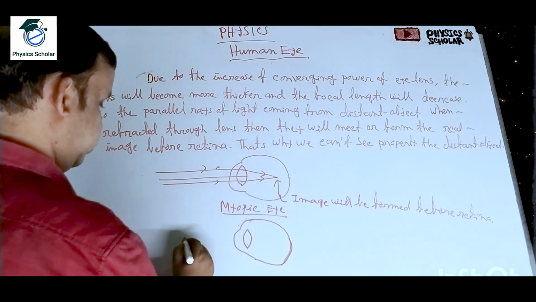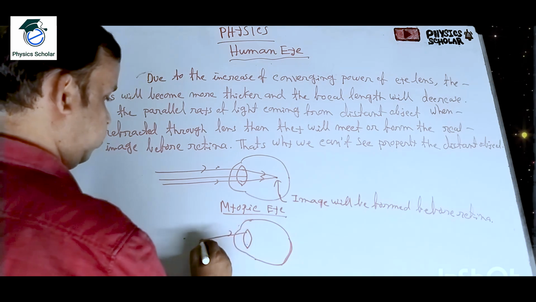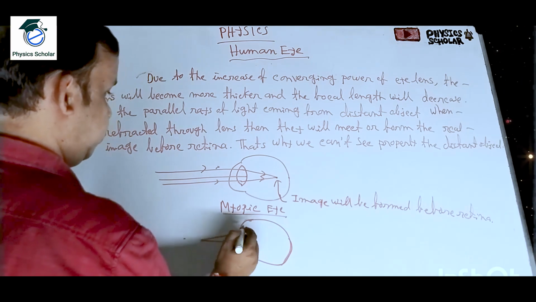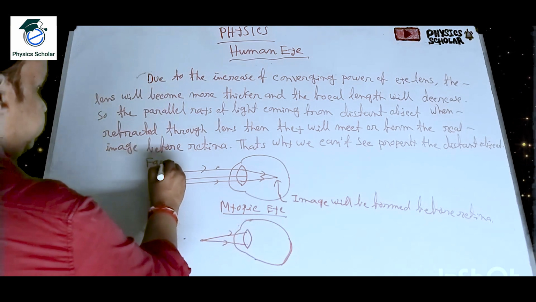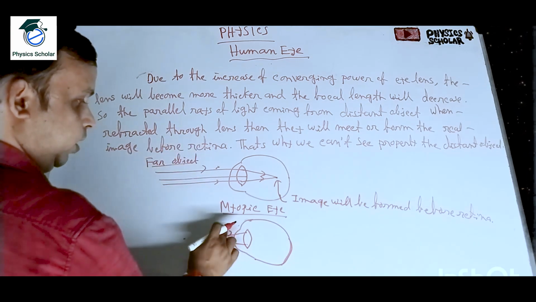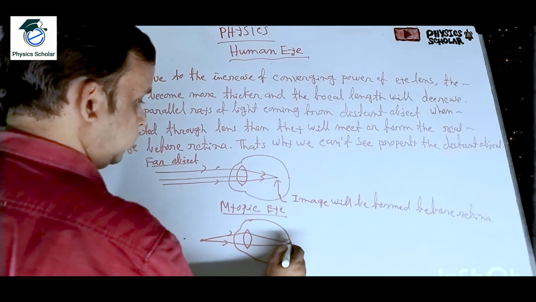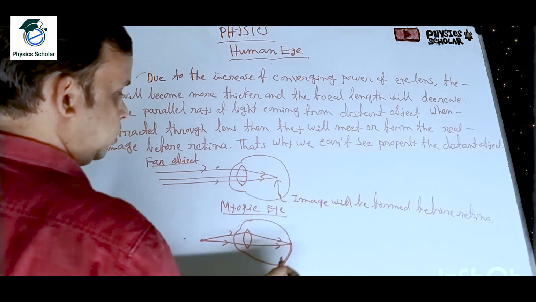Another, if the light is coming from a nearby object, and it is for the far object. If it is coming, the rays are divergent in nature, then it will come and meet on the retina.